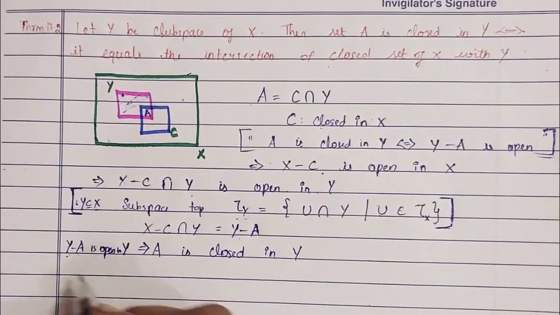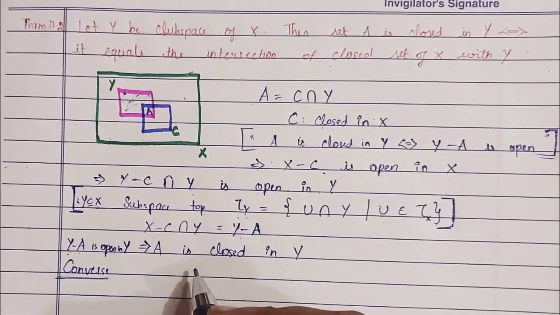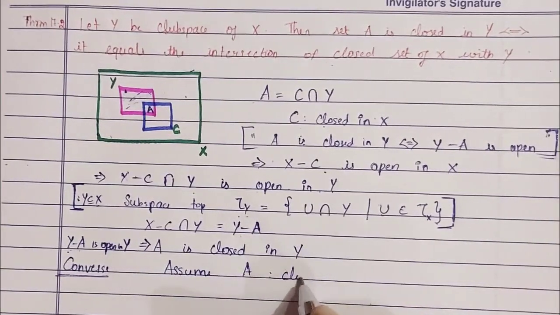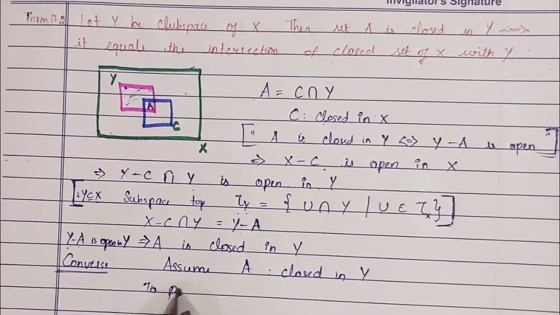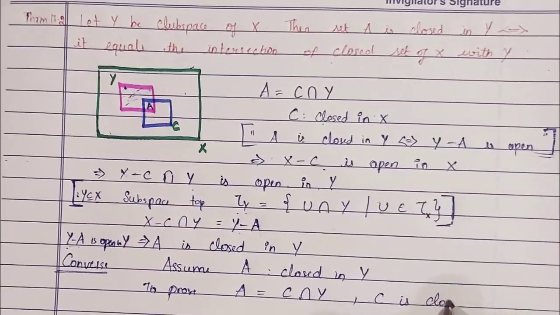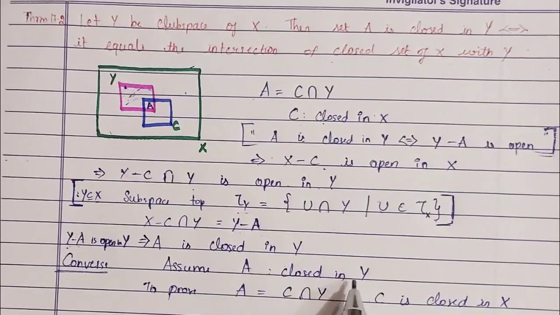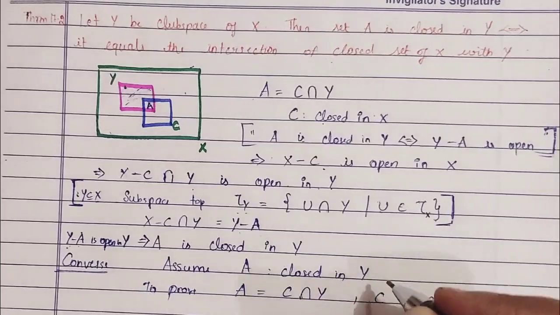Now conversely, for the converse part, you need to assume A is closed in Y. I have assumed A is closed in Y and I have to prove A is equal to C intersection Y, where C is closed in X. This is nothing but whatever set is closed in Y, a subset of X. Y is nothing but a subset of X, right?